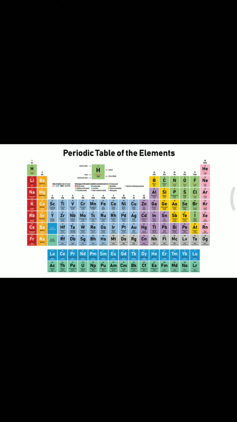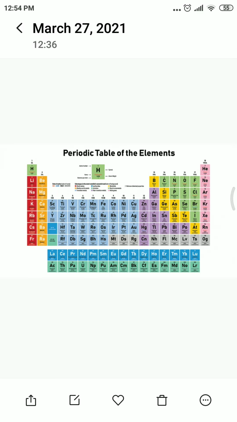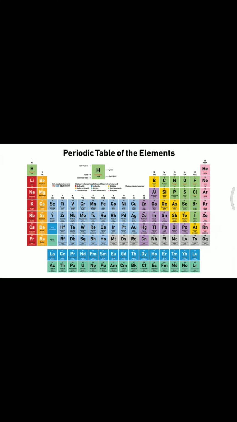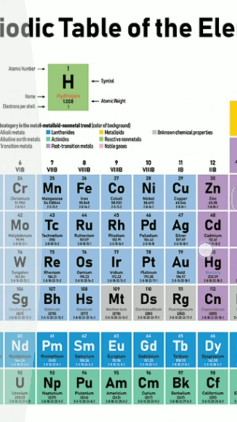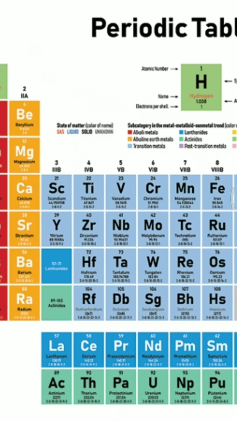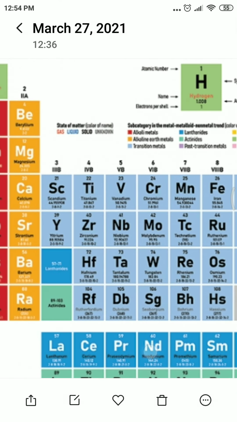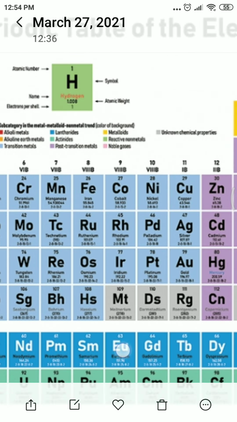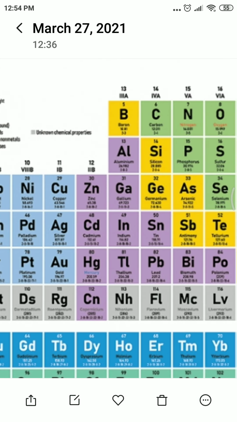The next orbital comes into the picture in the seventh period. 1, 2, 3, 4, 5, 6, seventh. When you come to the seventh period, you will observe that the f orbital will have 14 elements, right? If you count these, there will be 14: 1, 2, 3, 4, 5, 6, 7, 8, 9, 10, 11, 12, 13, 14.